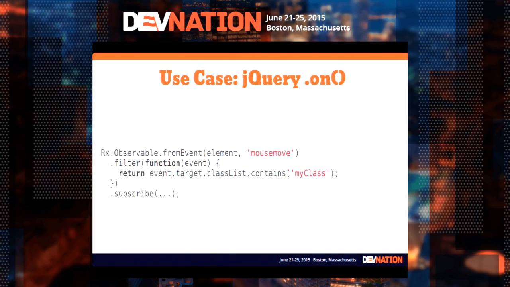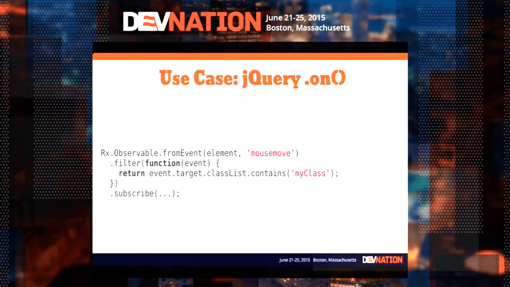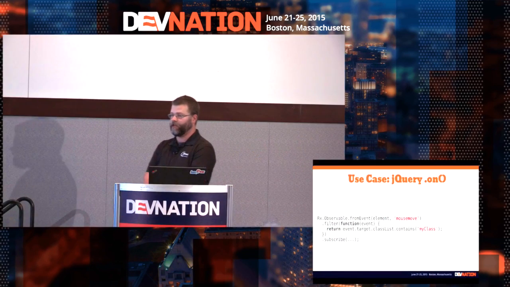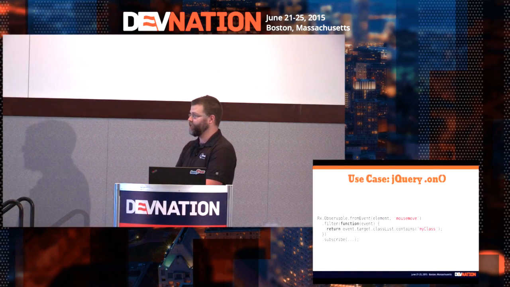So we can replicate that using observables. We create our observables from the mousemove event, and we're going to use the filter function. We didn't go over filter in our examples. I meant to include that one. Filter is pretty self-explanatory. It filters an observable based on a Boolean check you want to do on each element.